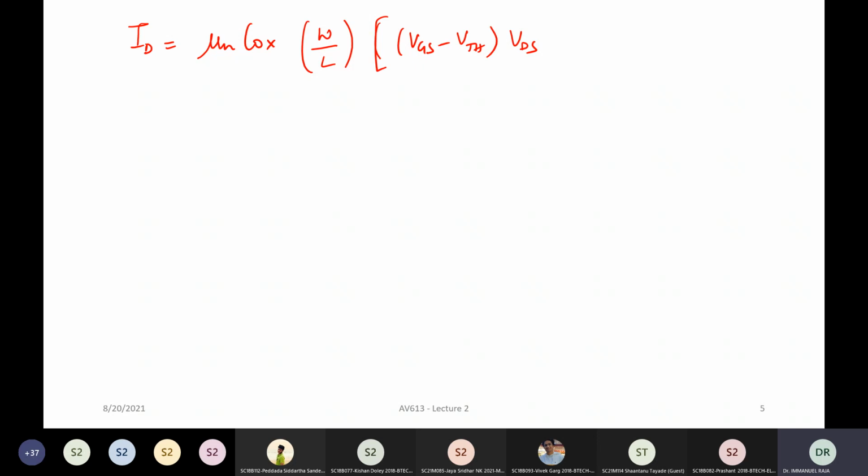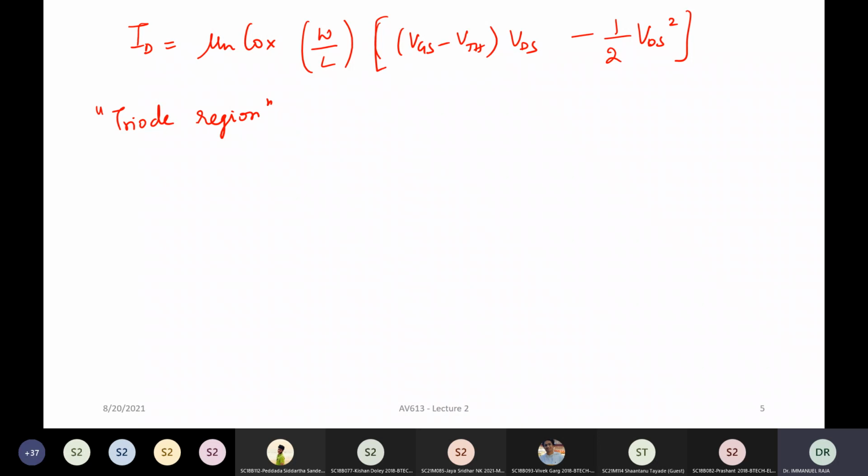So you write VGS minus VTH into VDS minus half VDS squared. Now this is the classic current equation, and this is the equation of the channel of the MOSFET when the MOSFET is in what is called the triode region. Okay. A triode region of the MOSFET.